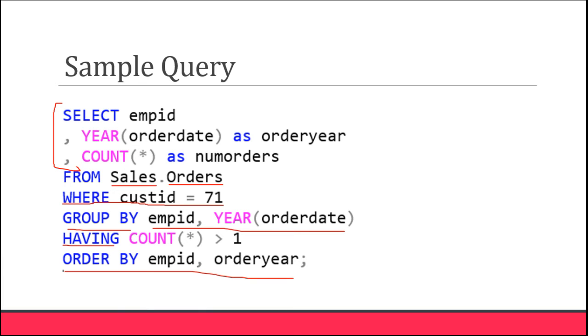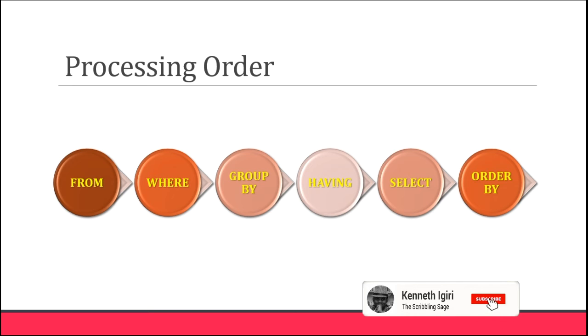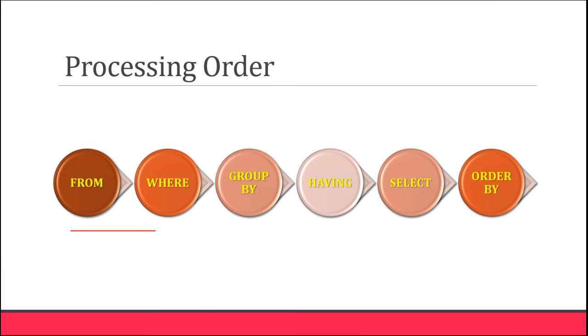Now, even though this query is written declaratively, you're just telling the database engine, do this for me. In executing this query, your database engine will actually do as follows. It will first say from, meaning it identifies where it is getting all the data from.